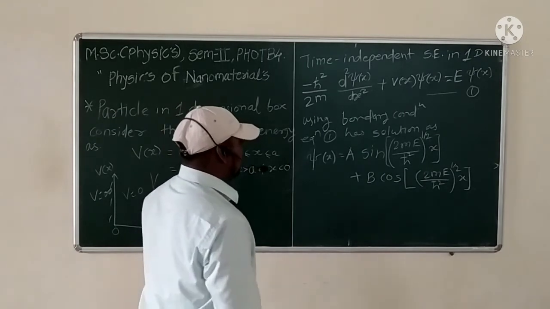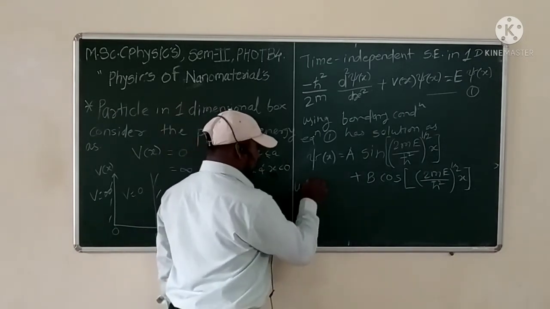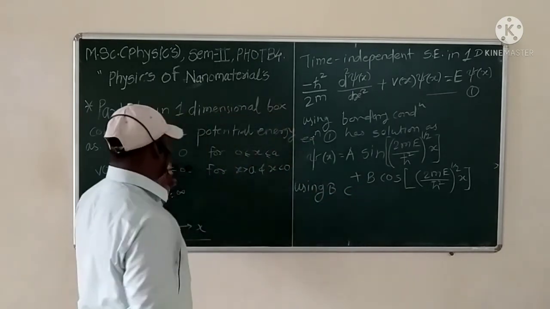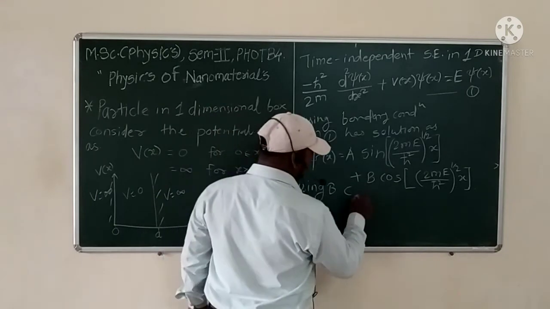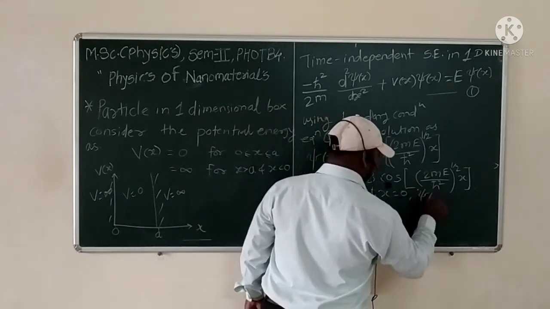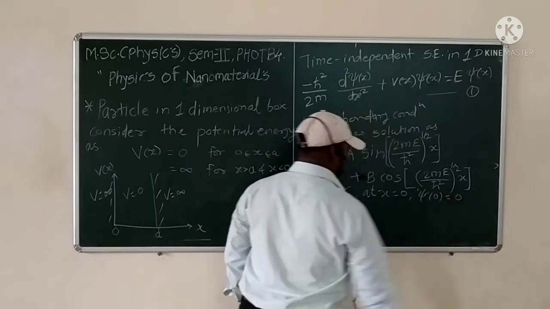So using the boundary condition, at x equal to 0, psi of 0 is 0, right?